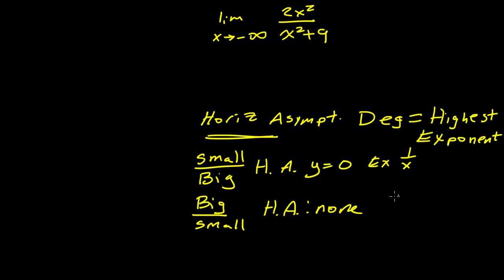I have none. So an example there might be x squared plus x plus 3 over, we'll say, x plus 2. So the degree on the top is 2, the degree on the bottom is 1. So since the degree on the top is bigger than the bottom, it doesn't have a horizontal asymptote.